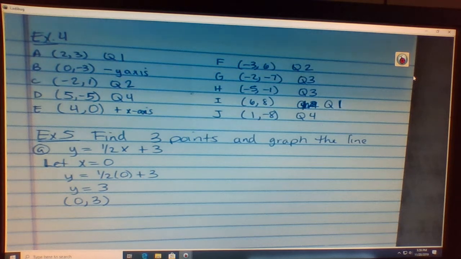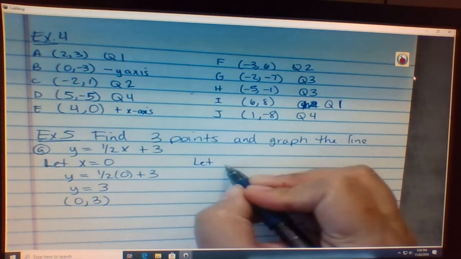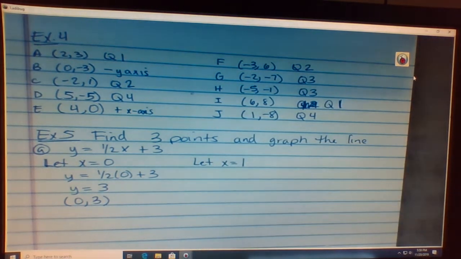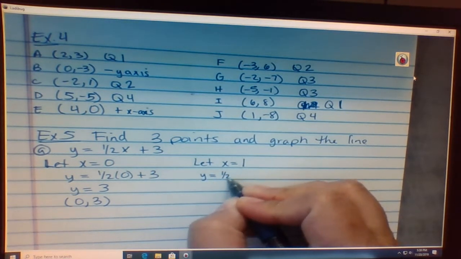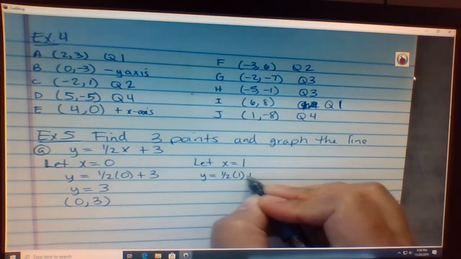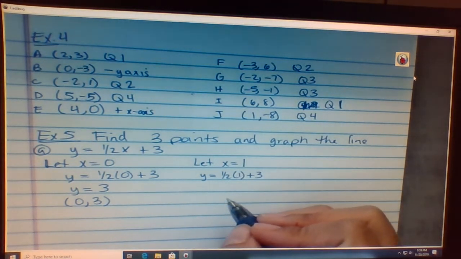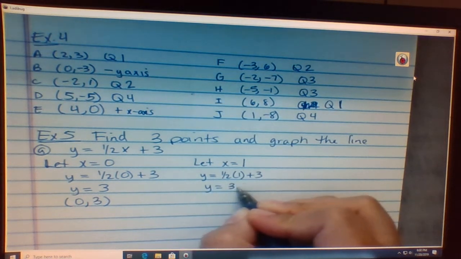Pick another number that you would like to let x be. Let x be 1. So I have y equals 1/2 times 1 plus 3. What's half times 1? Half. Half plus 3? 3.5, right?